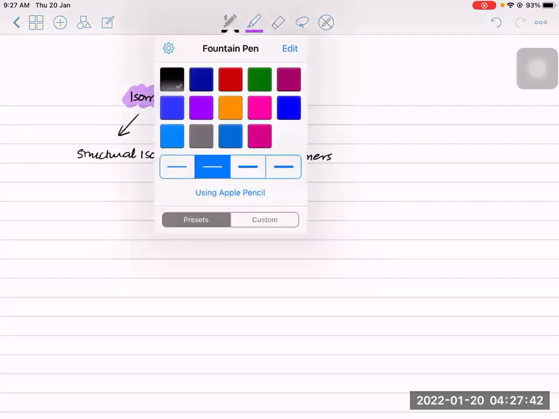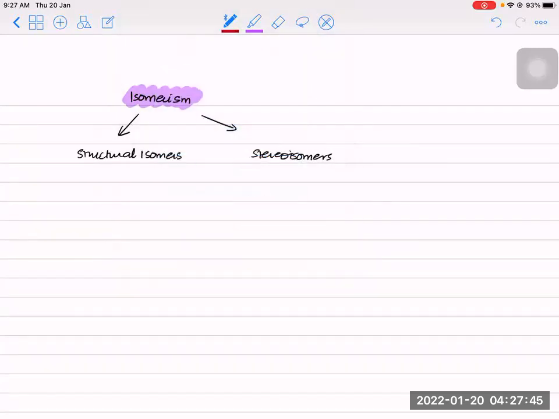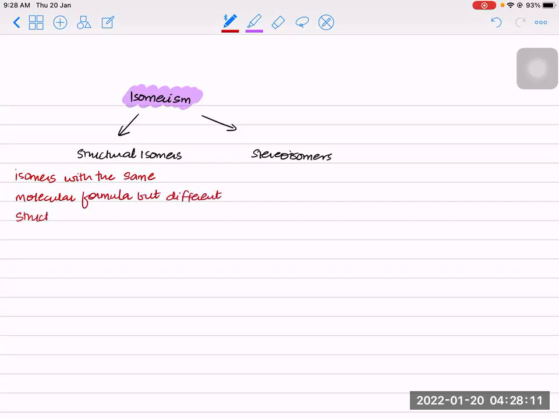Structural isomers are those where the molecular formula is the same. So these are isomers with the same molecular formula, but different structural formula.